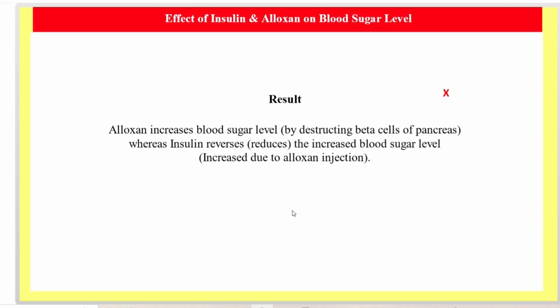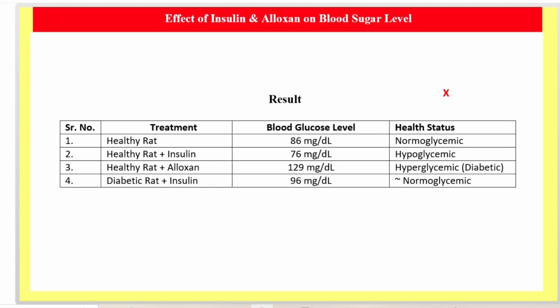Now we will see what was performed during the whole experiment. Here we can compare all the steps. First we checked the healthy rat's blood glucose level, that was 86 mg per dL. That status was normoglycemic. Second step, healthy rat with insulin was 76 mg per dL, hypoglycemic.